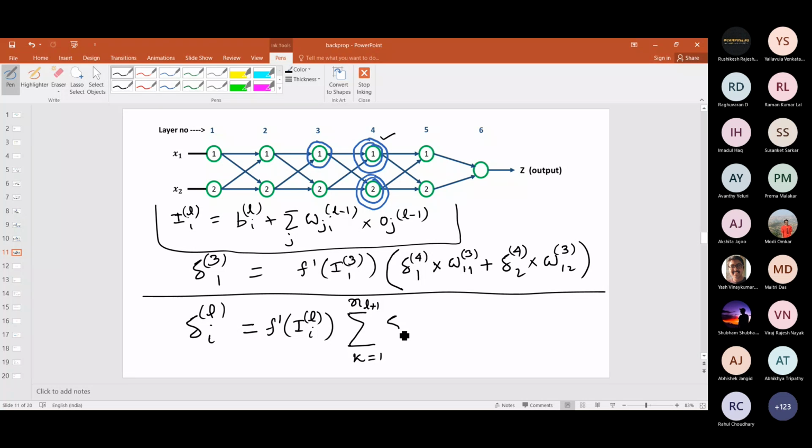So what would then be delta of what? Delta K layer L plus 1 into W I K layer L. Okay.